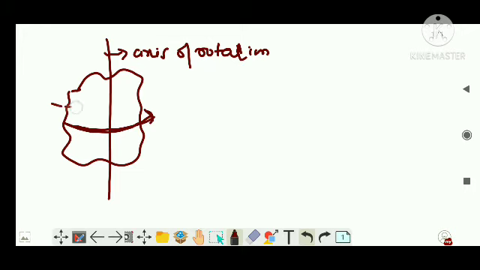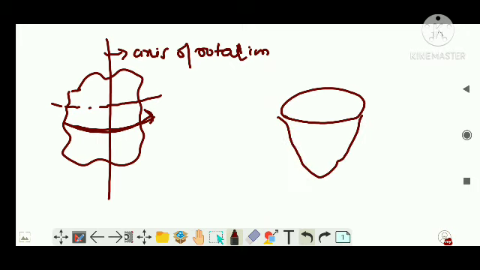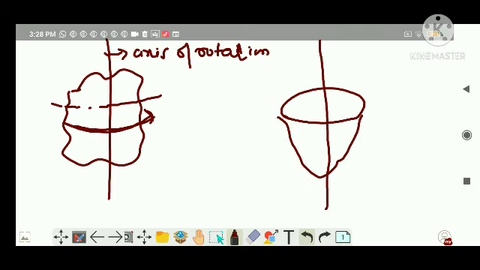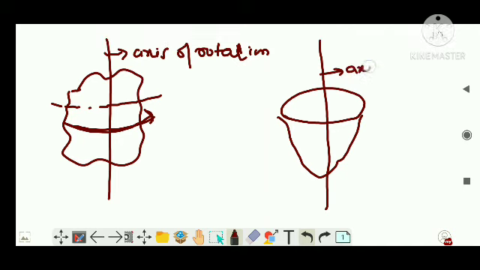I'm going to cut a part of it like this. Considering the top view, let's say it is a circular cutting. This body is the plane of rotation.